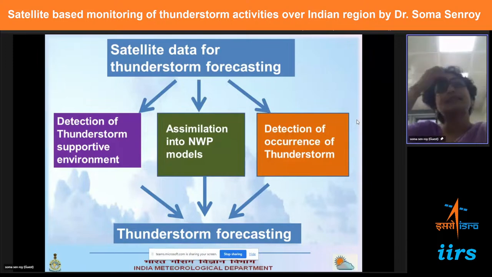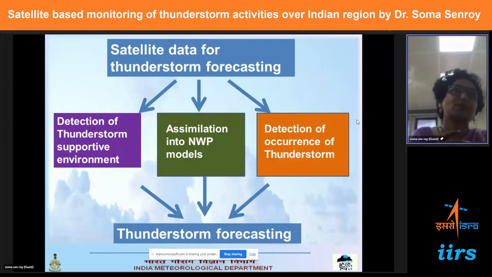Then the next stage is assimilation into NWP models. I just caught the end part of my previous speaker's talk. So as you know, assimilation into NWP models is a very significant aspect of use of satellite data.